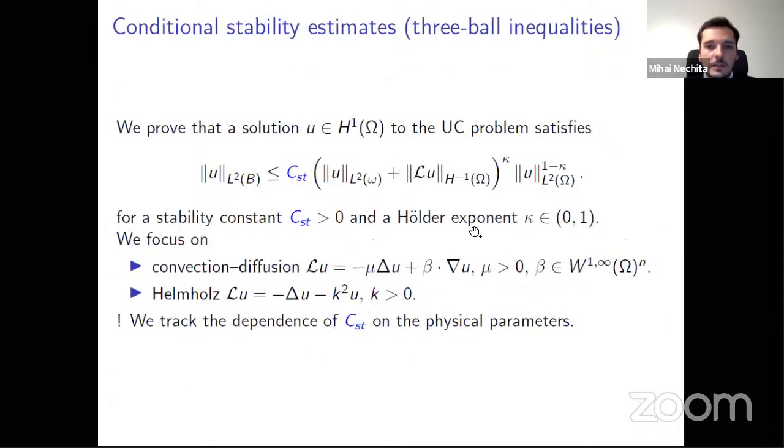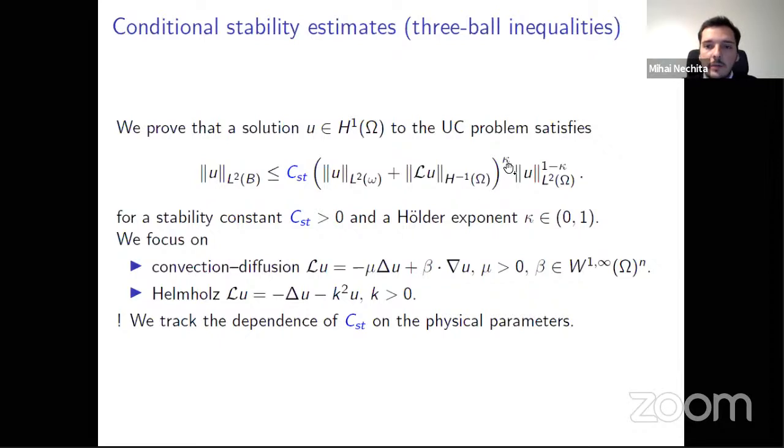And I will start with a general stability estimate that we aim to obtain, as the one written here. So on the left, we have the L2 norm of the solution in this subset B. And on the right, we have a first term, which represents the data on the data region, and then the right-hand side of the PDE.